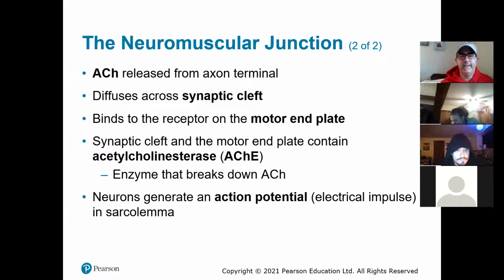to get to the muscle cell. Okay, and when it binds to the muscle cell, it generates a little electrical impulse on the muscle cell that travels through the T tubules, and it goes to the sarcoplasmic reticulum, and it allows calcium to flow out, right?